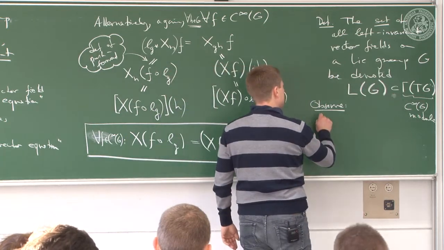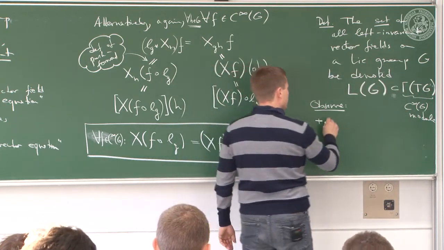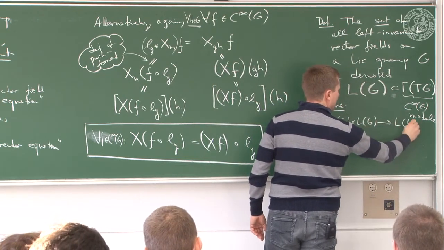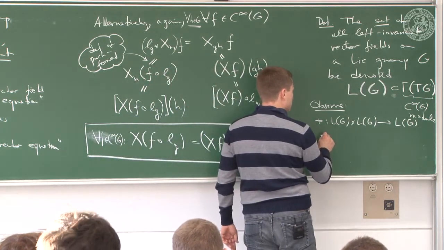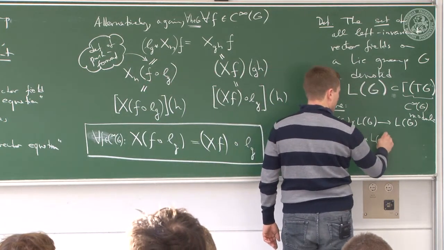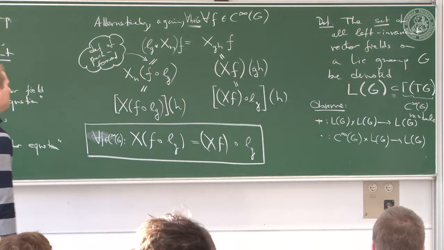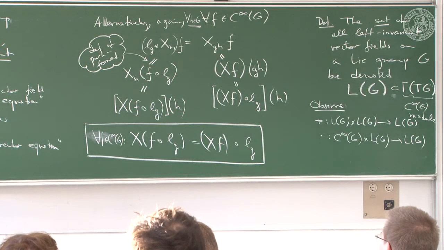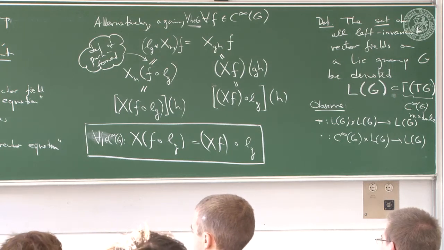Well, we have to check that the addition that actually you can have on vector fields, that if you restrict it to L(G), that it stays in L(G), so that it's closed, that L(G) is closed under addition, and you have to check whether L(G) is closed under C infinity multiplication, but both of this, hang on a second, C infinity, well, that is not so clear. L(G), no, it is. And why is it?